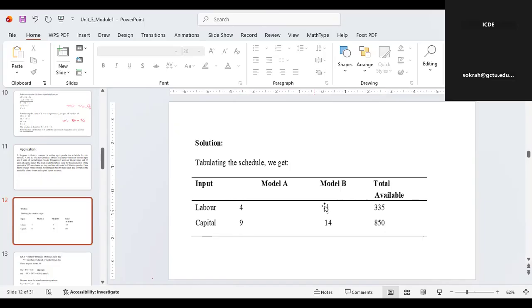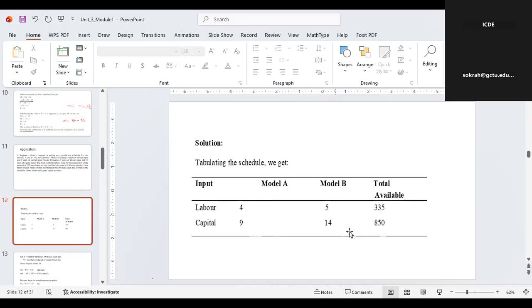Capital. Then for Model B, you have 5 units for labor and 14 for capital. The total man-hours per day is 335 for labor and 850 units for capital. So this is a summary of the whole question there. Once you are able to bring it out into a table like this, it becomes easier to solve.